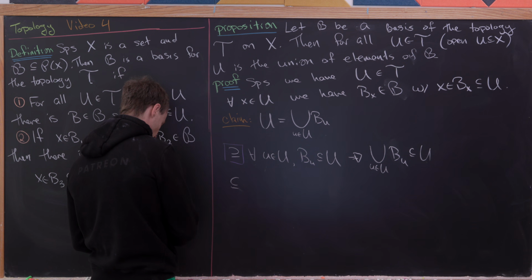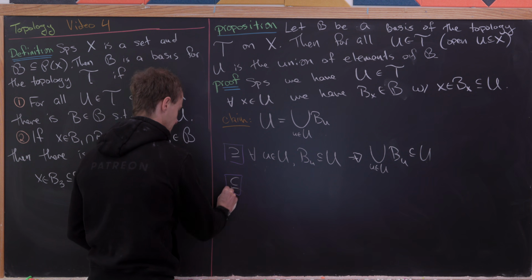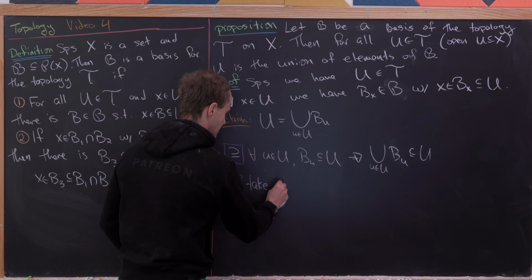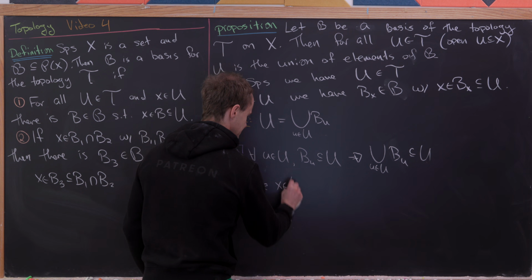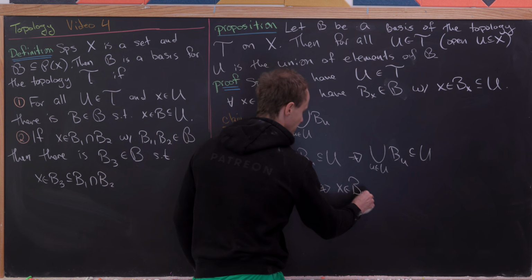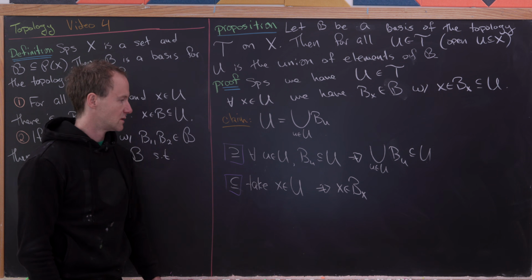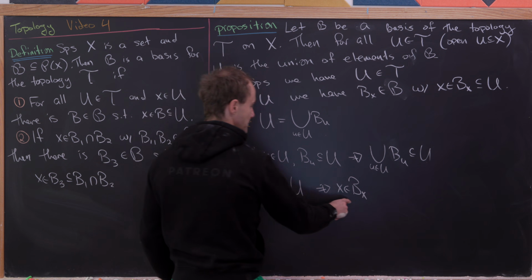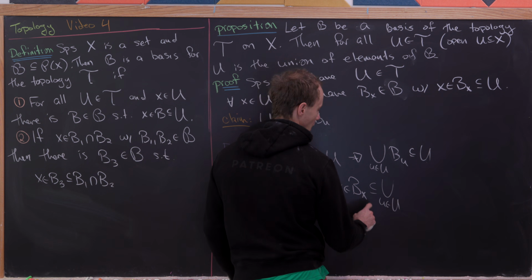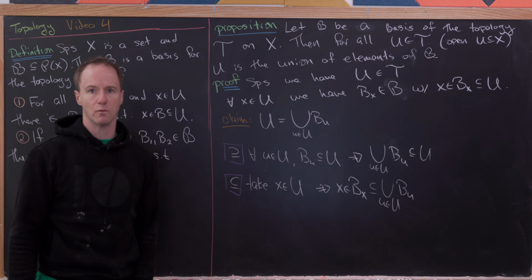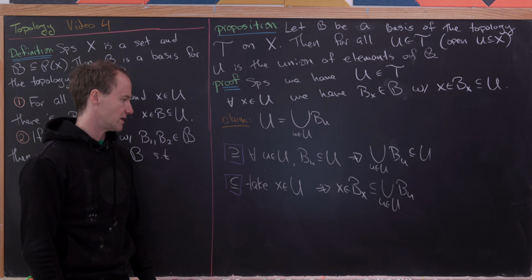So now what about the other direction of containment? Well, we'll do that by tracing elements. So let's take an arbitrary element x inside of U, but that means that x is inside of B_x, again, by our choice up here. But then B_x is a subset of this big union because B_x is one of the members of that union.